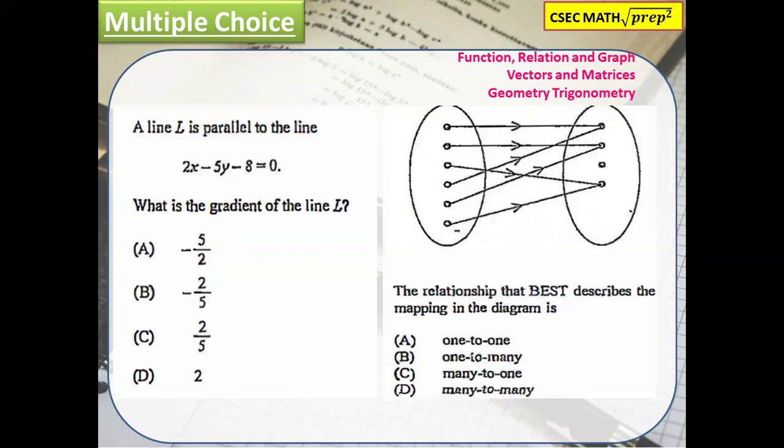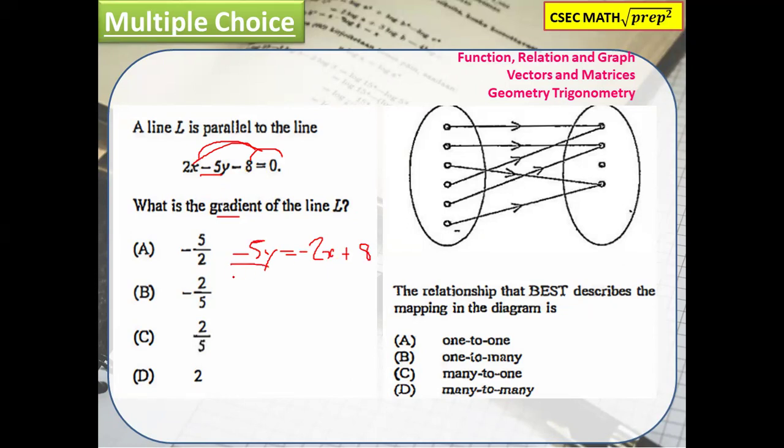All right, we are very much familiar with this question on the left by now. It's asking for the gradient again, and all we do is rearranging. So the y is here, we leave that alone and carry the x and the 8 to the other side. So we'll be having minus y, minus 5y, that's equal to minus 2x, and the 8 will become positive 8.